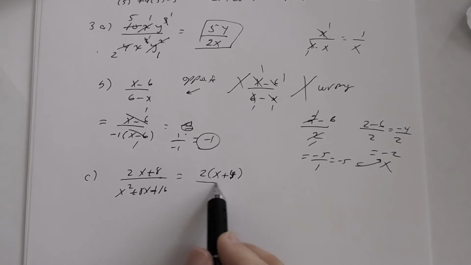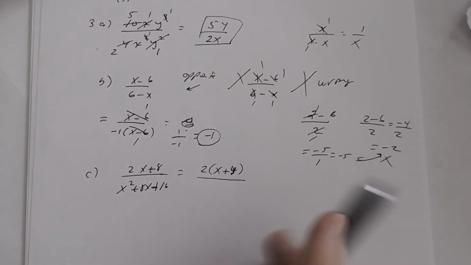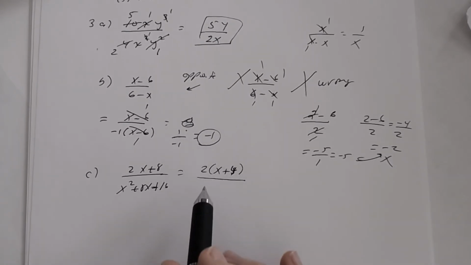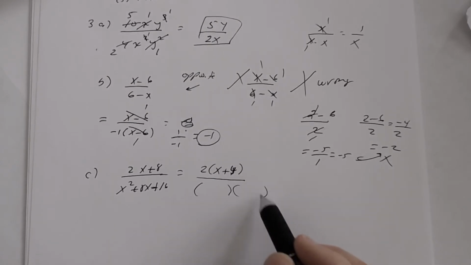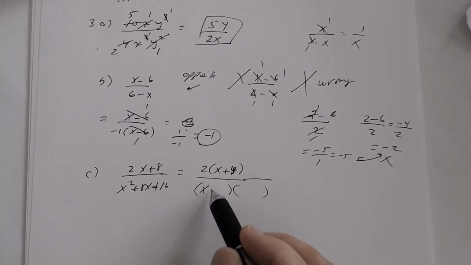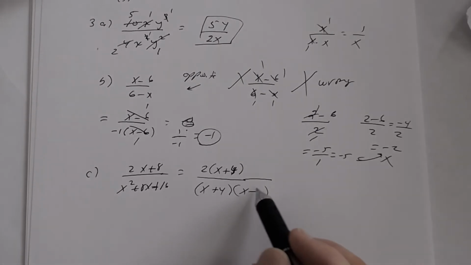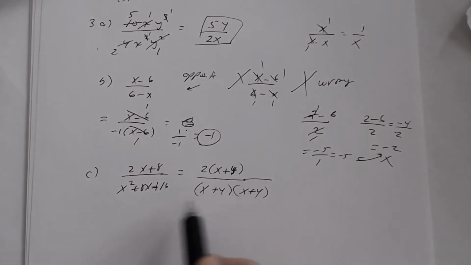Notice the numerator has 2 factors. The factors are 2 and x plus 4. In the denominator, when I factor the denominator into 2 binomials, I get x plus 4 times x plus 4. If I multiply this out, you'll notice you'll get this back. And now I can reduce.